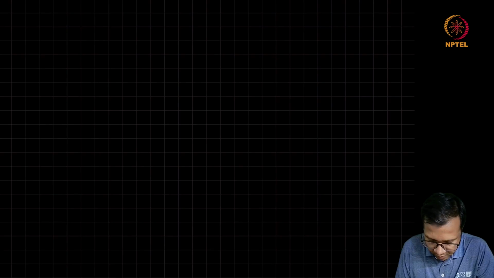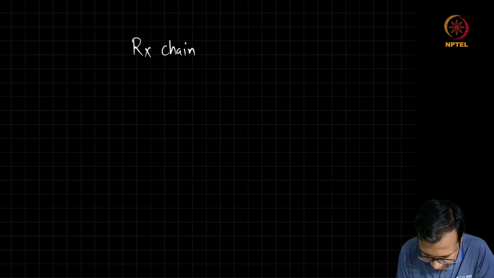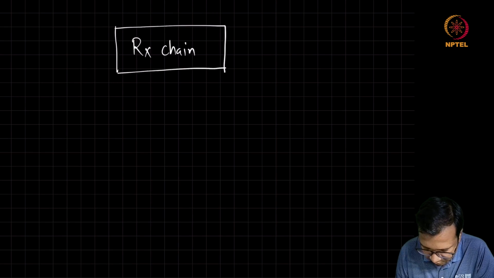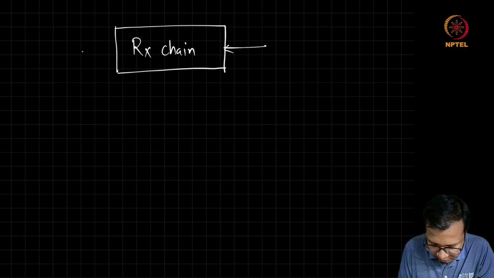So far, we have seen the building blocks of an RX chain, which takes an RF input and finally generates a digital output.